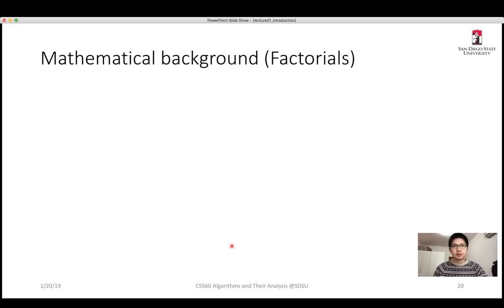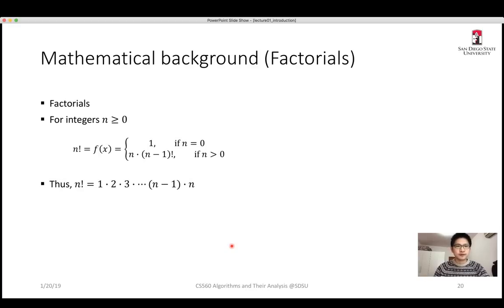We just mentioned factorial functions a couple of slides before, so let's look at its formal definition here. For any non-negative integer n, this is a recursive definition of the factorial function. When n equals 0, the factorial of 0 is defined as 1. When n is greater than 0, the definition is n times the factorial function of n minus 1.